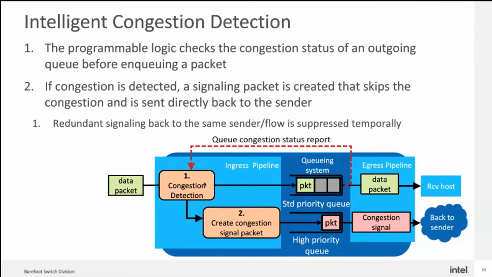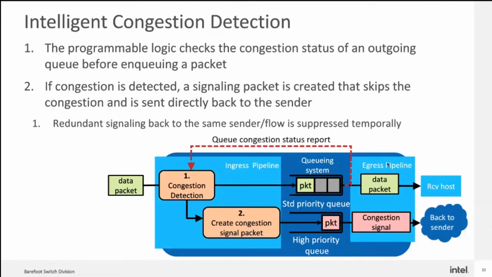But what we also do is we create a signaling packet, and we enqueue that signaling packet into a high priority queue down here that is not congested. And this means that for this signaling packet, we can bypass the congestion and make sure that we get a reliably low delay when sending out this signaling packet back to the sender.